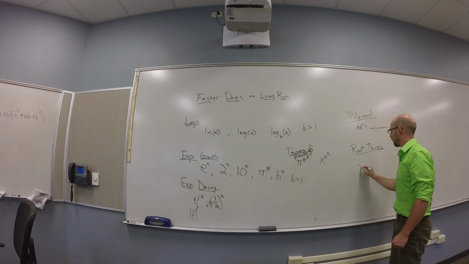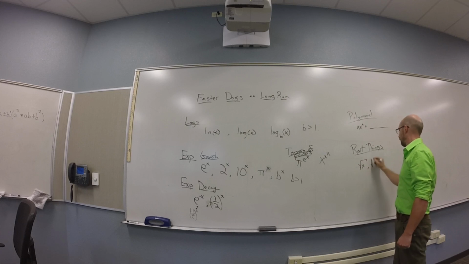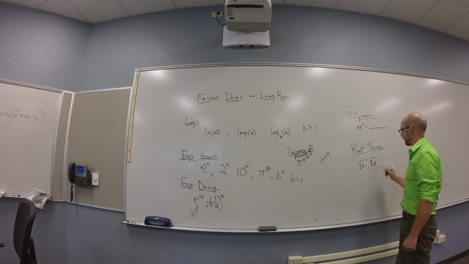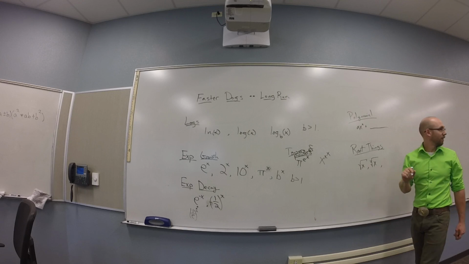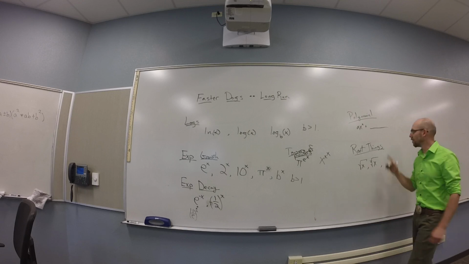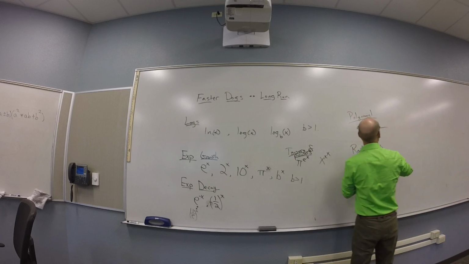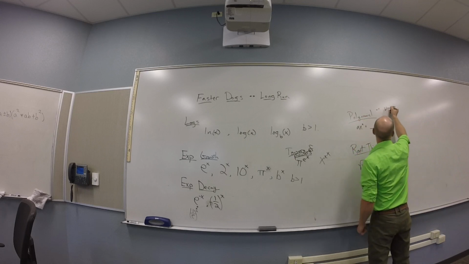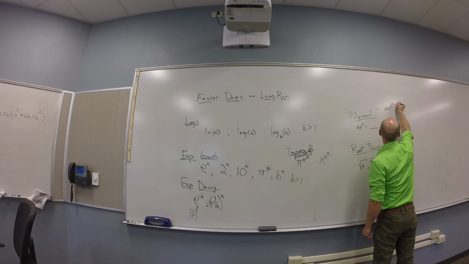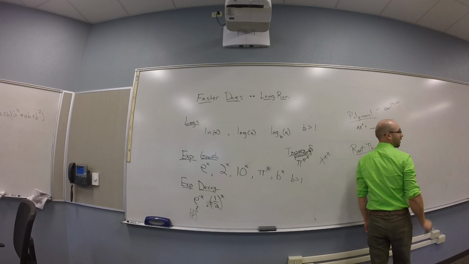So root things are square root of x, cube root of x. Can we just write that as a number to a fraction power? Sure, yeah. You could really think of polynomials as variable to a power bigger than 1.